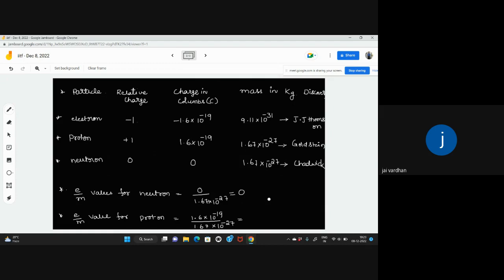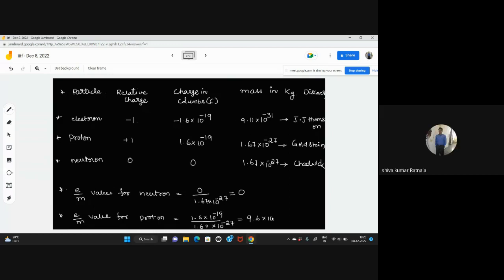So what is the e by m value for proton, sir? Proton is 1.6 into 10 to the power of -19 by 1.67 into 10 to the power of -27, around 9.6 into 10 to the power of 7.